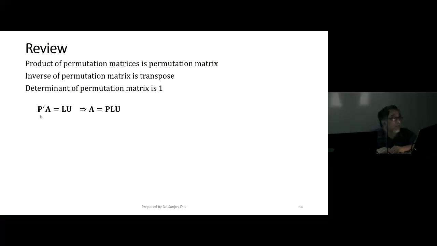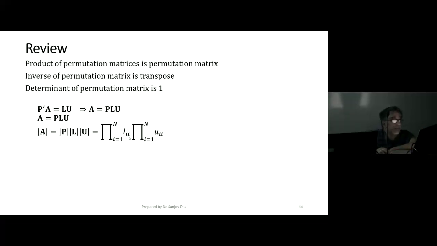And so if we rearrange the rows of A before doing LU decomposition, then we would get something like this. This is P prime, the permuted version of A, which is equivalent to A equals PLU.